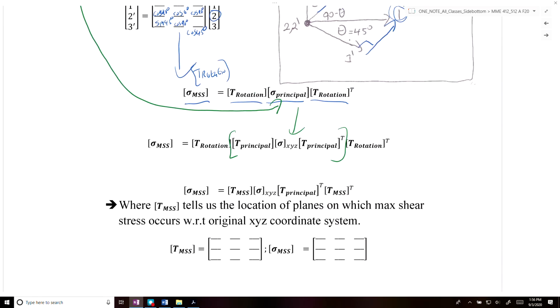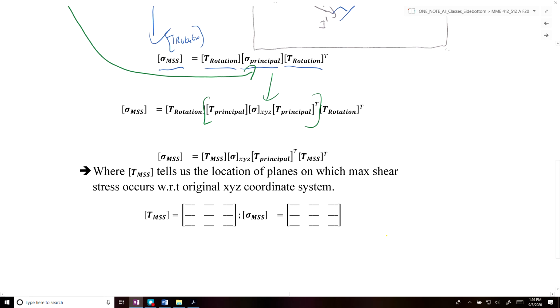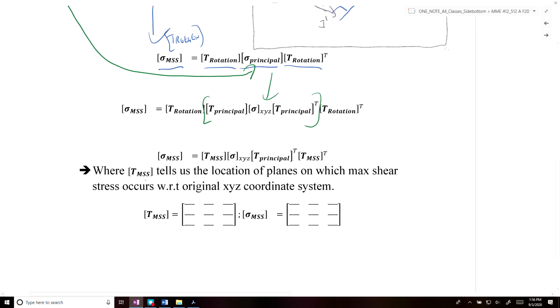If we multiply our rotational matrix times our principal stress transformation matrix, we get the transformation matrix for our maximum shear stress.